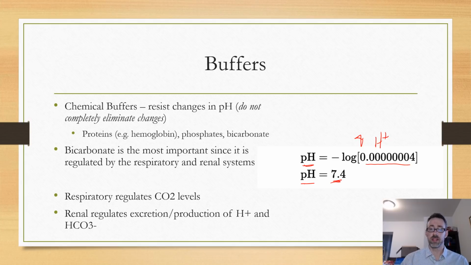Right, so we know that breathing can change the CO2 levels, which can alter the pH, and we also know that the kidney can excrete protons and produce new bicarb, and so this is also going to help us to readjust and get back to our normal pH.